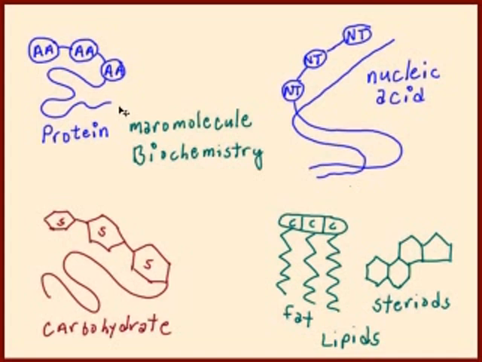Before we do, there is a mnemonic that I use to remember the 4 macromolecules. If you look at the first letter of each macromolecule, P, N, C, L. PNCL, pencil. So if you remember the word pencil, you can always remember the 4 macromolecules. Okay, and that's it for the overview.